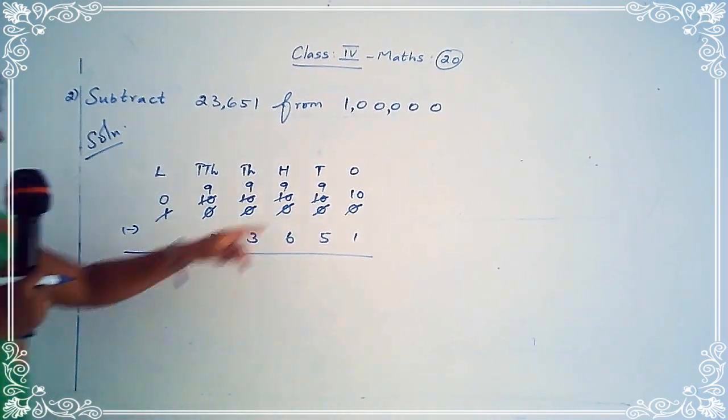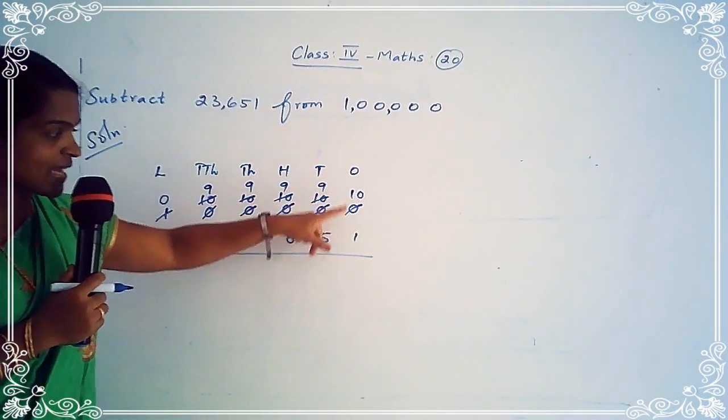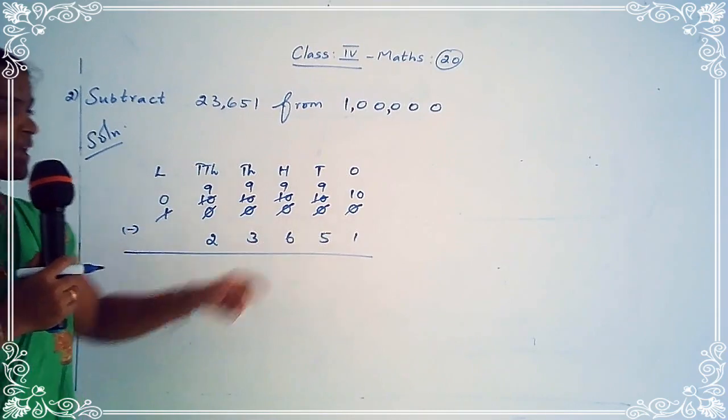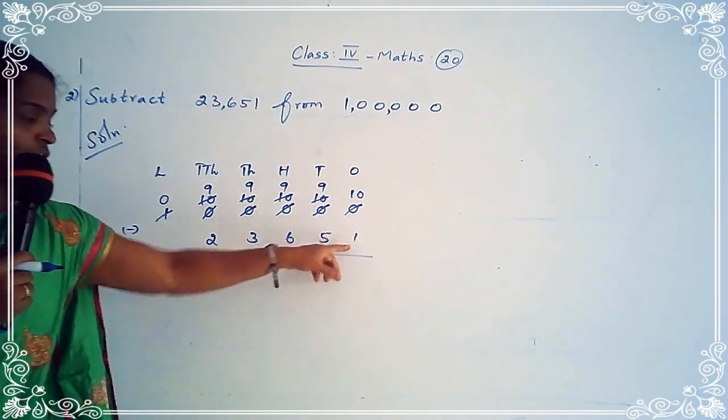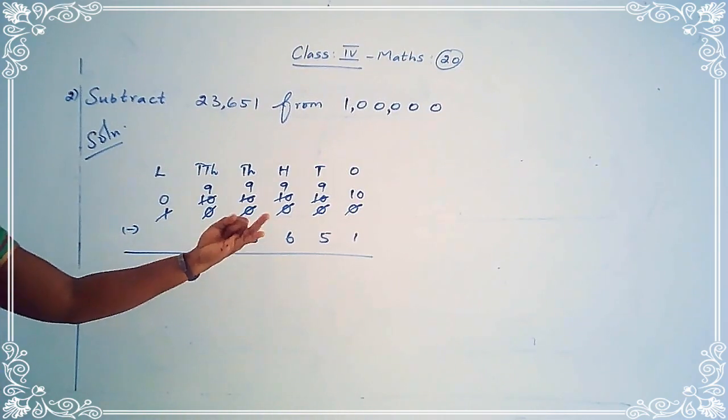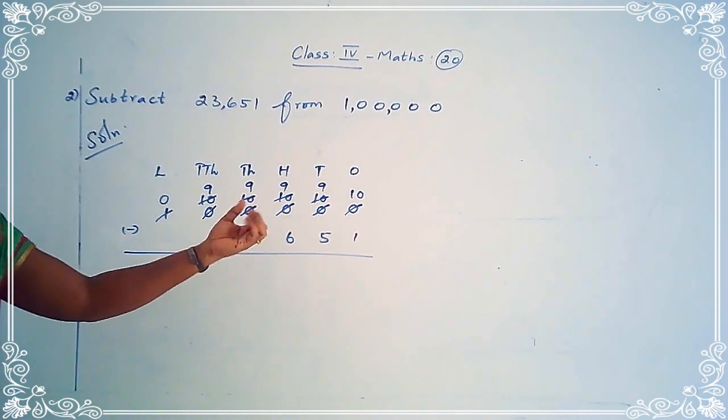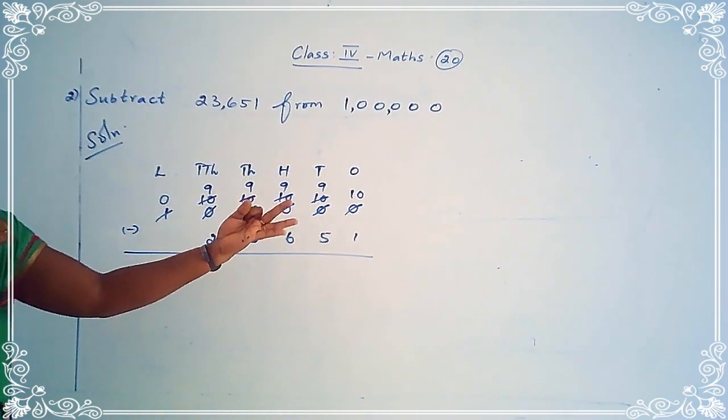Now you subtract. In the ones place we have 10 and 1. So 10 minus 1, how much? Counting after 1: 2, 3, 4, 5, 6, 7, 8, 9, 10.